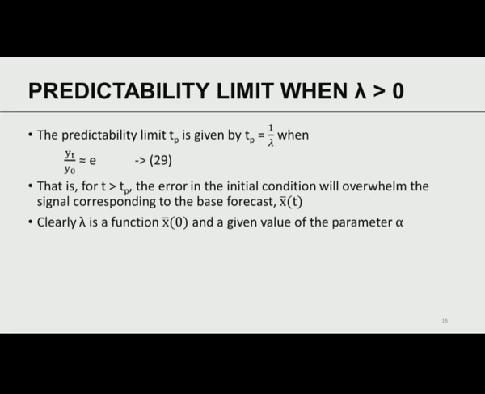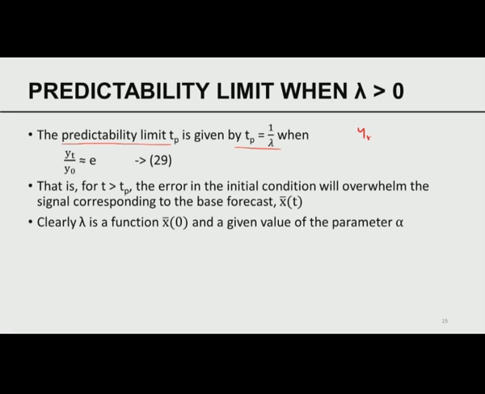So how do we define the predictability limit? The predictability limit Tp is given by Tp equal to 1 over lambda. So if lambda is positive, my prediction can hold water only up to the forecast horizon Tp, which is equal to 1 over lambda. So what is 1 over lambda?